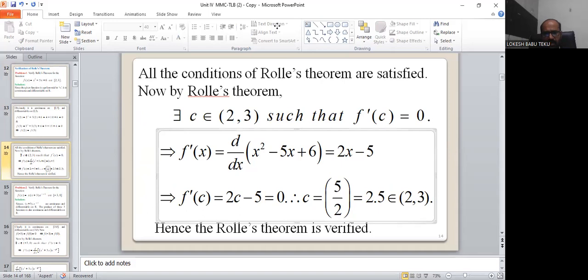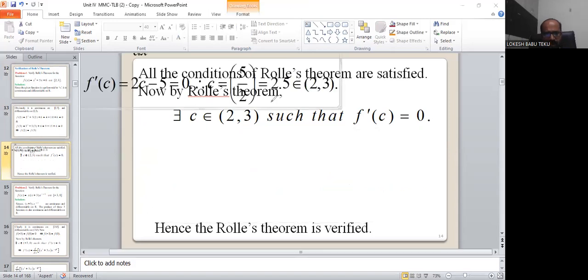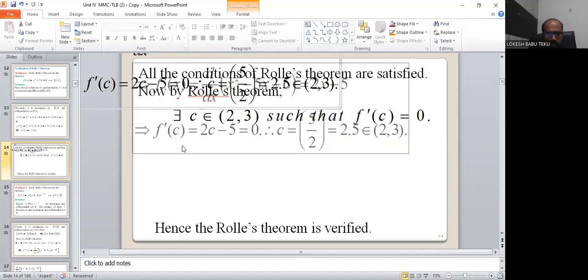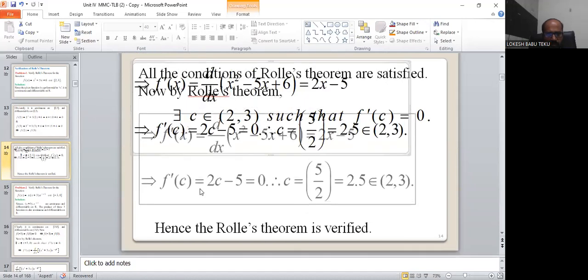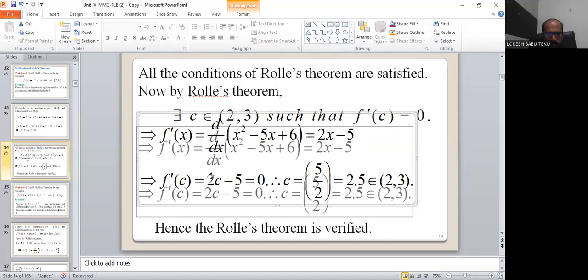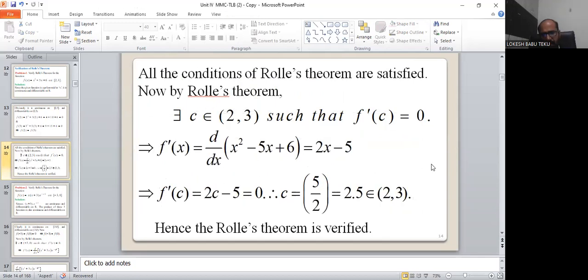This 2.5 lies exactly between 2 and 3. Therefore, what we can conclude: if f is continuous and f is differentiable and f of a equal to f of b, then there exists a c belongs to (a, b) such that f dash c equal to 0.